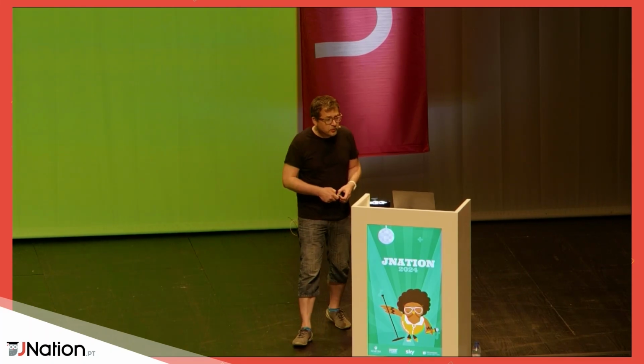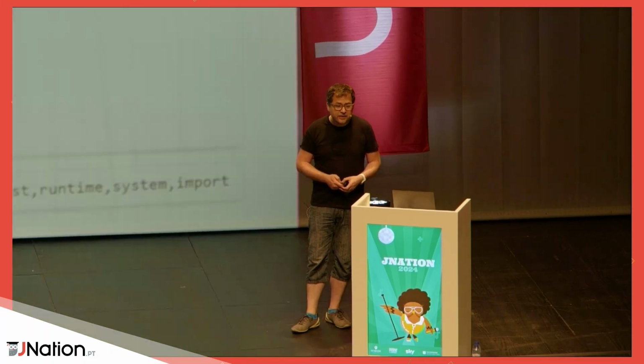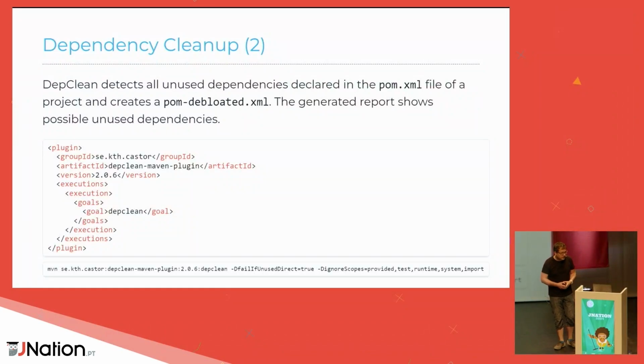So what I'm going to show you next is a tool that I found which is quite nice. It's called the depclean Maven plugin. The depclean Maven plugin creates a report and gives you some ideas which dependencies are used or not used. They're using bytecode analysis to find out if some imports are really used or not.